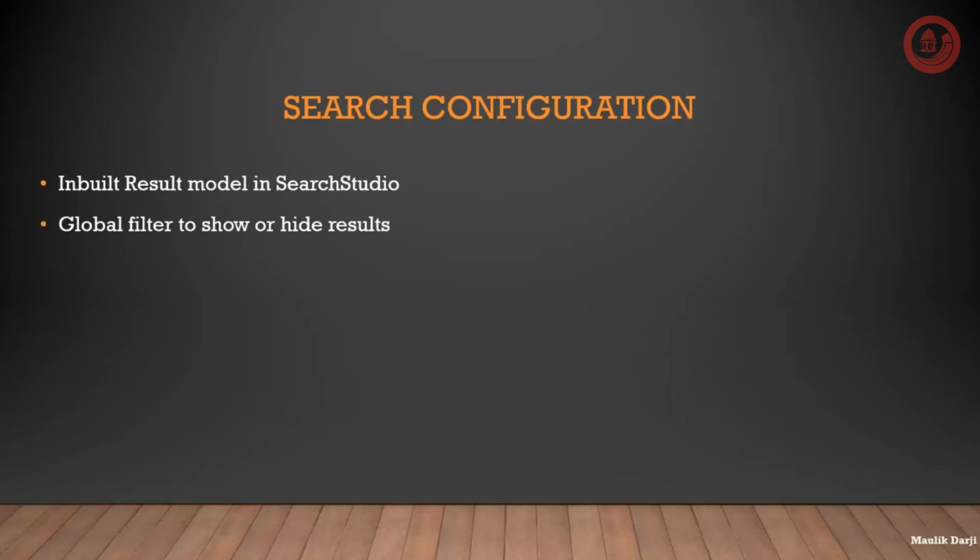For example, if someone is coming to my website and searching for something, and I don't want them to search this particular keyword on my website, it should not give a search result.